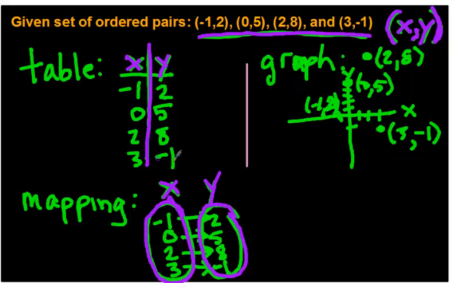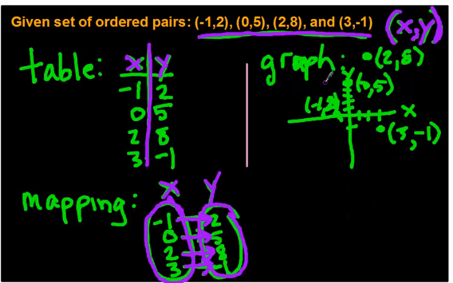All the values in your y column are in your y bubble. And from there, we map the pairs together. The -1 is paired up with the 2. The 0 is paired up with the 5. The 2 is paired up with the 8. And the 3 is paired up with the -1.